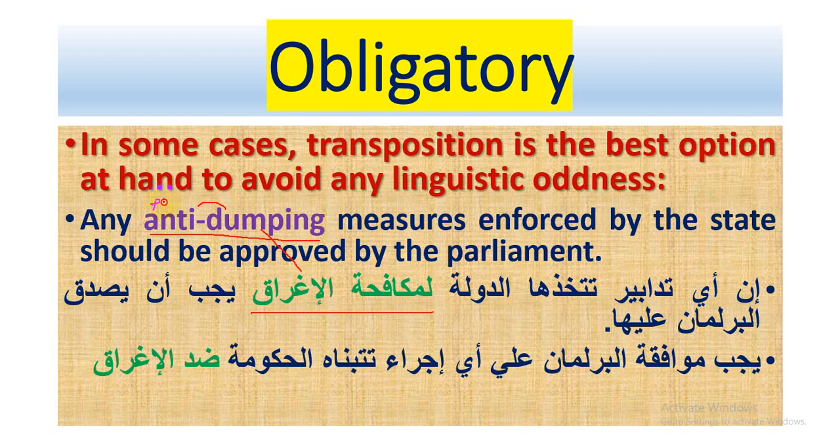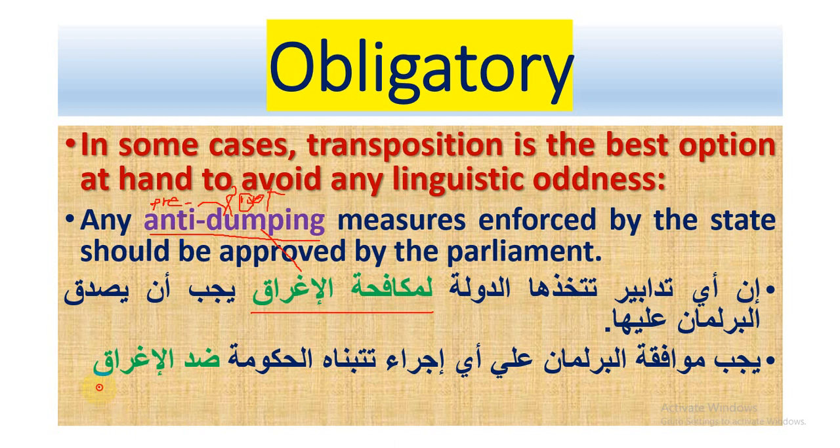Just like antibiotics, or anti-war, or antichrist, a prefix, and then we have the root, right? Morphological analysis again. This is the main part of the word, dumping, and this is a prefix, something that is added before, just like like and dislike, agree, disagree, understand, misunderstand, and so on and so forth.